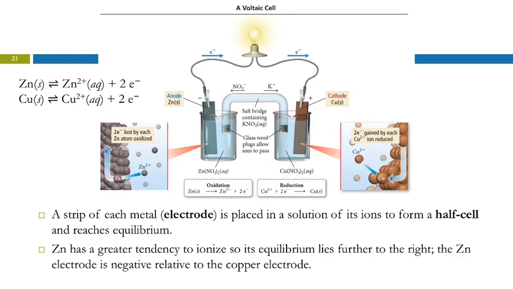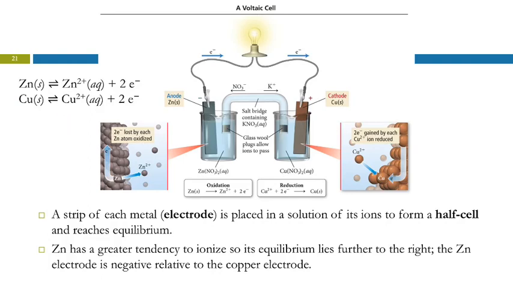The metal is in a solution of its own ions, and that forms a half cell. A half reaction, a half cell, and it reaches equilibrium. For the one on the left, it's between zinc and zinc ions. Over here on the right, we have copper metal and copper ions in equilibrium with each other.